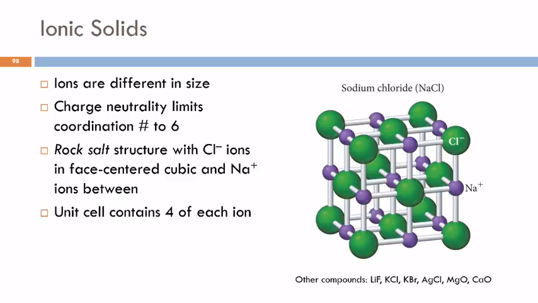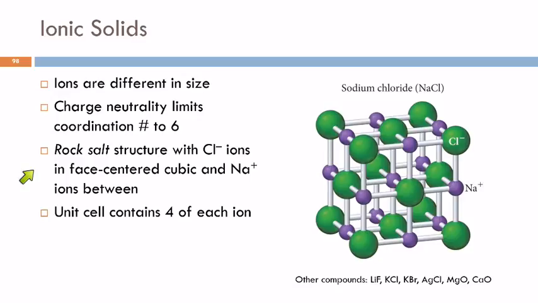What if we have different sizes? Here's sodium chloride. So the chloride ions are big, the sodium ions are small. Charge neutrality is going to limit the coordination number to 6 because we can't have more of the little ions than we have of the big ones. Yeah, we could fit more in there probably, but then it wouldn't be charge neutral, so that's not going to happen.